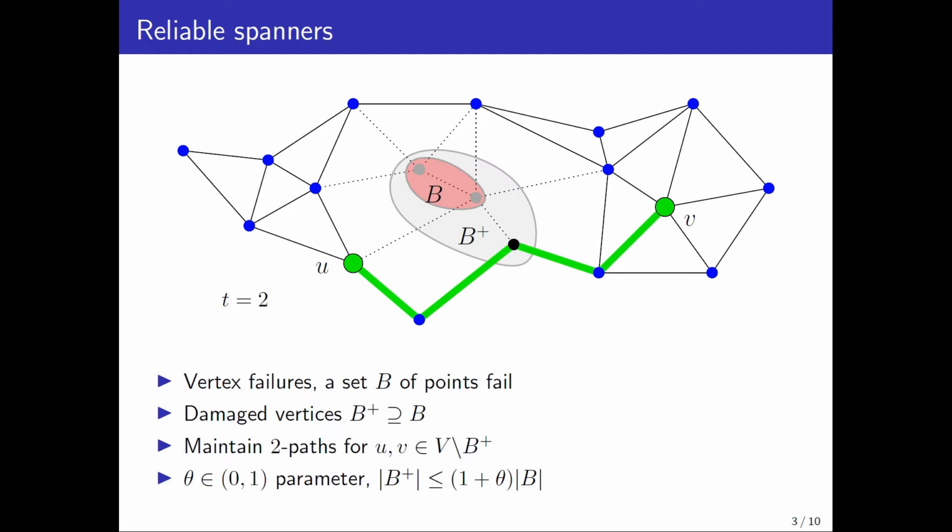Using this notion we can prepare for huge catastrophic failures as well. For example, if you choose theta to be something small, then suppose half of the vertices fail in the network, then we still have a linear size component that survives the attack, essentially.